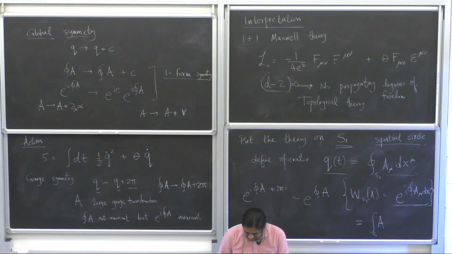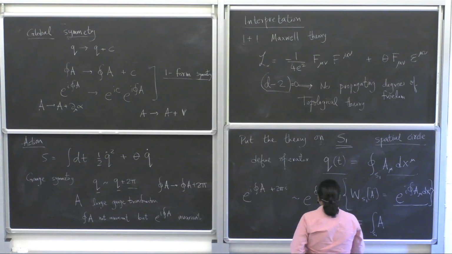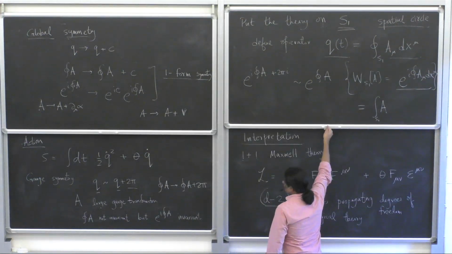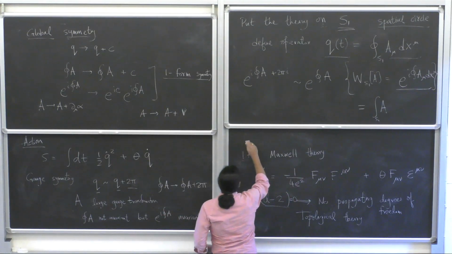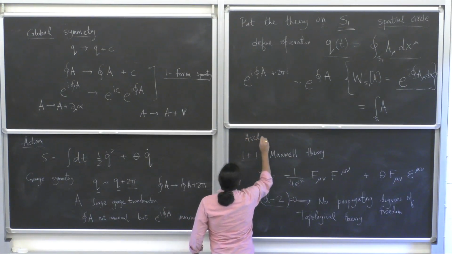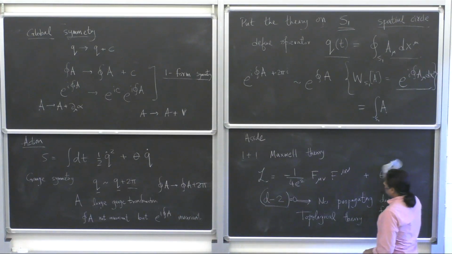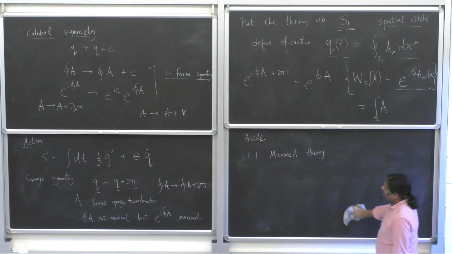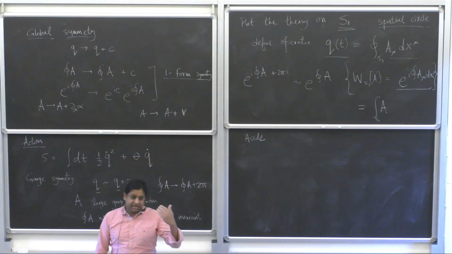One final connection that I wanted to point out before going on is this idea of describing a theory on a spatial circle, giving us a one lower dimensional theory.